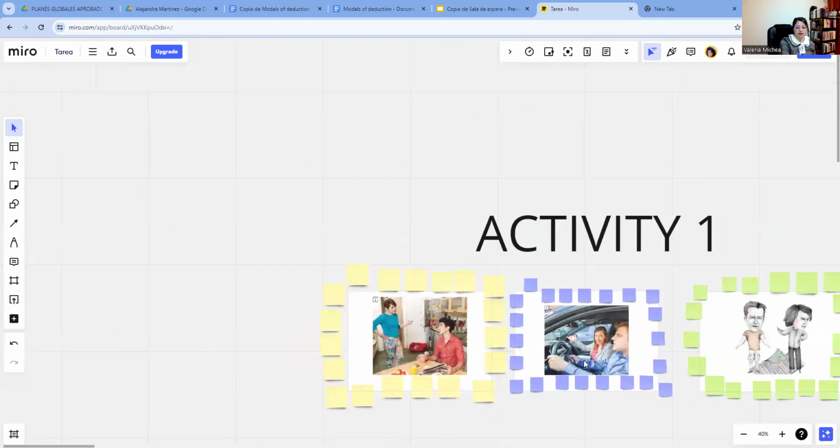Because as you can see, all of them are arguing. What does argue mean? Does anybody know? Just in case. Discutiendo. Yes, thank you very much, Chris. So why are they arguing? ¿Por qué están discutiendo?